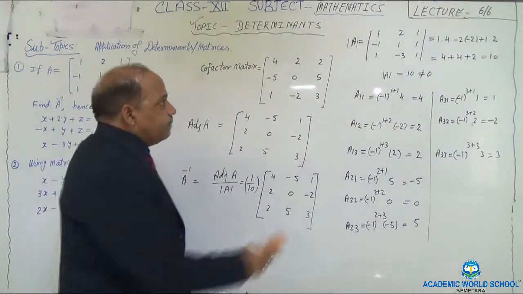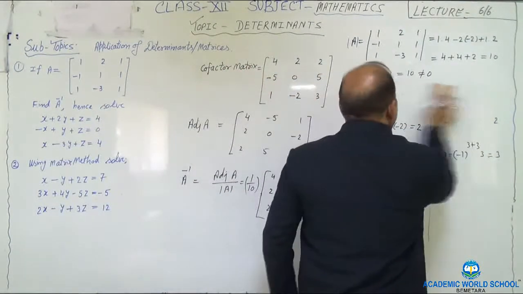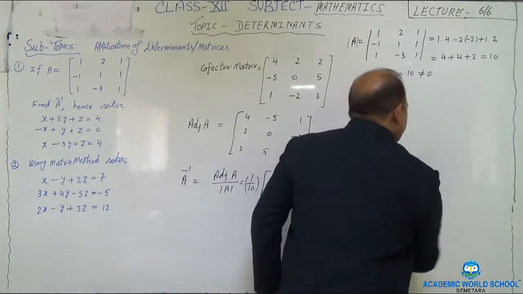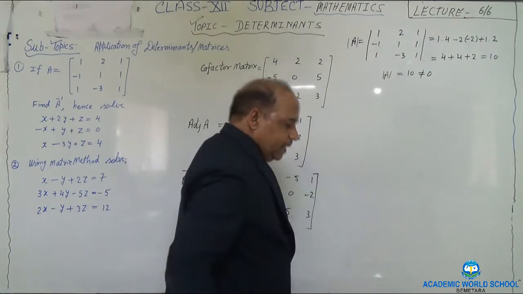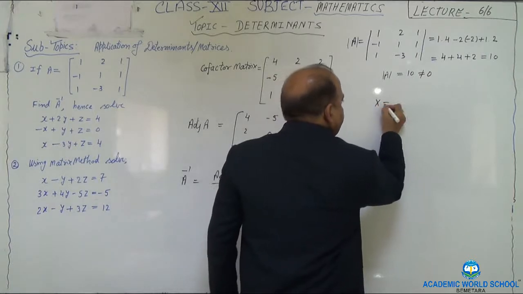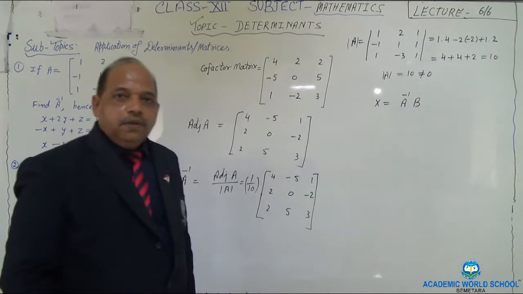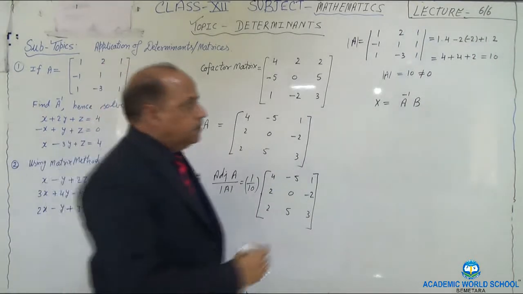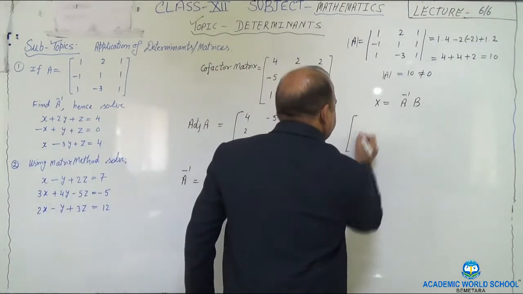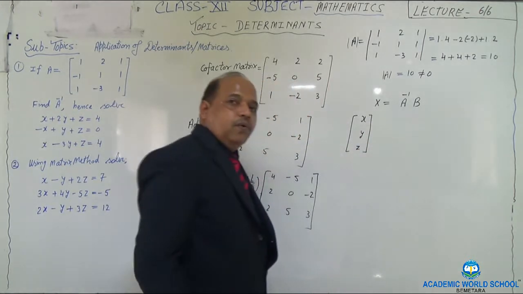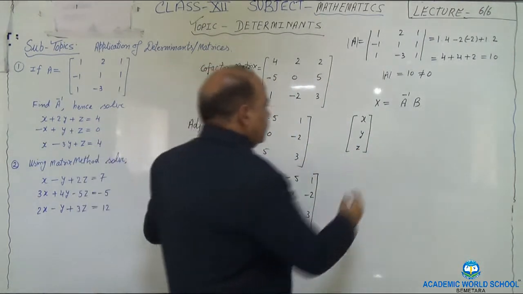Now after that, what we have to do? Please look at this. After doing this, as I told you in the beginning, x is equal to A inverse B. We have got A inverse. We need to find out the value of x. What is x? X is nothing but x, y, z. This is a matrix of unknowns. A inverse, write down that.